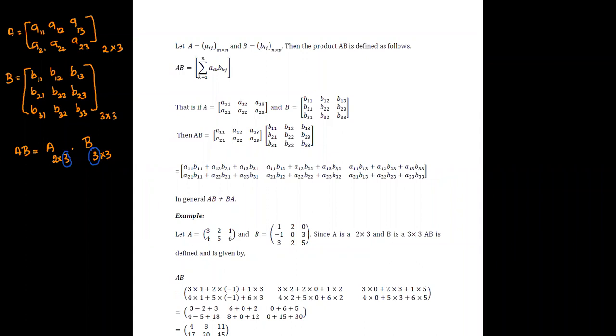Therefore, we can say that A and B are conformable for the matrix product AB, and the resultant matrix should have 2 rows and 3 columns. For our knowledge we can have this calculation, but it is not necessary to show it.